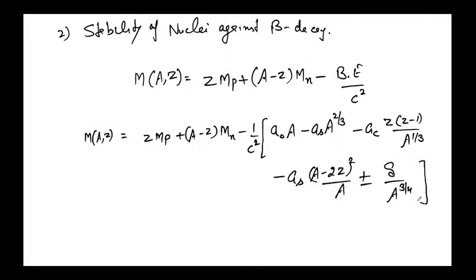So this is the value of the total binding energy, and this formula is known as the semi-empirical mass formula.